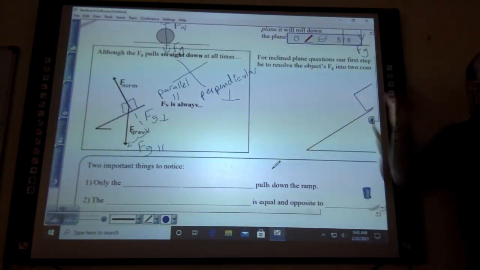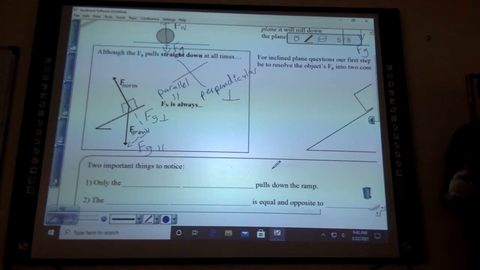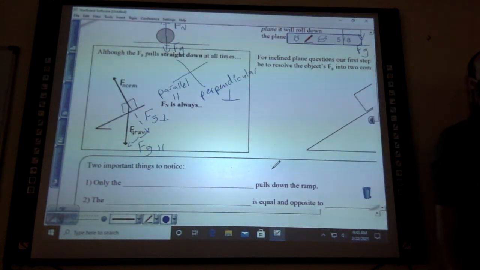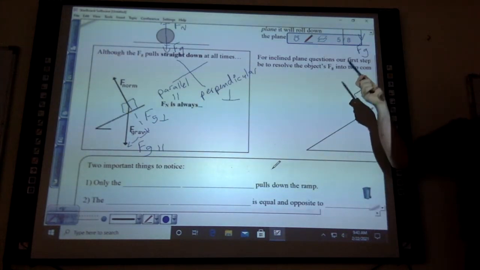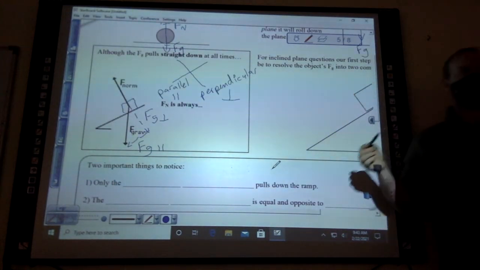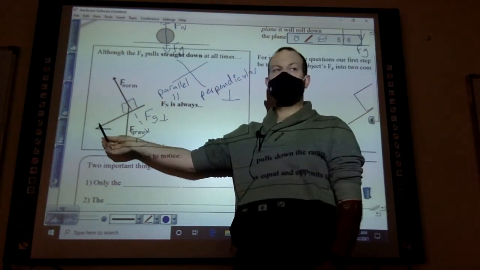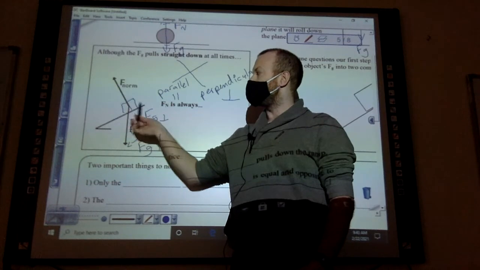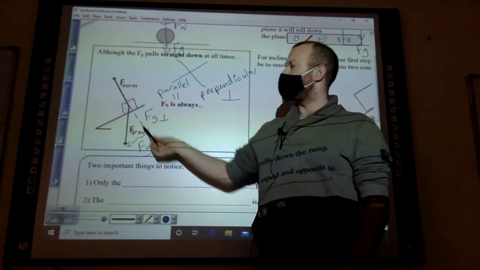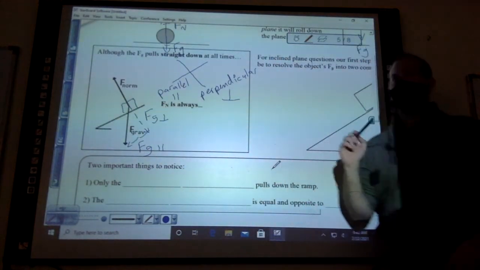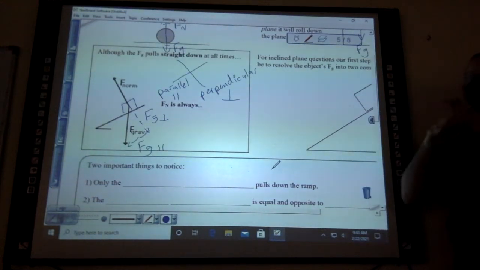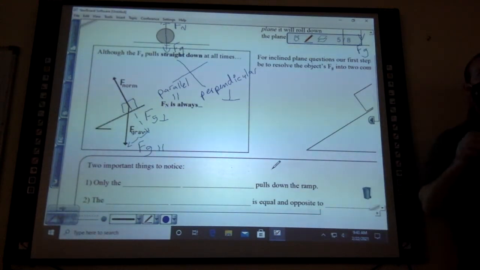Whenever we're dealing with inclines, we need to split it up into parallel and perpendicular. Parallel to the surface, so relative to the surface, not the y. Correct. My parallel is parallel to the surface, my perpendicular is perpendicular to the surface. We're always going to be dealing with parallel and perpendicular, no longer x and y.